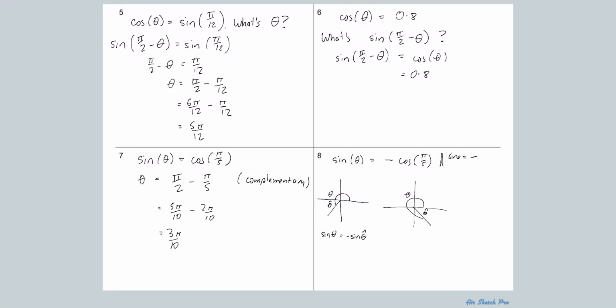So what do we know about cos of pi on 5? This is the acute angle. Cos of pi on 5 is equal to the sine of 90 degrees minus pi on 5, which is equal to what we got before, 3 pi on 10, from the last question.